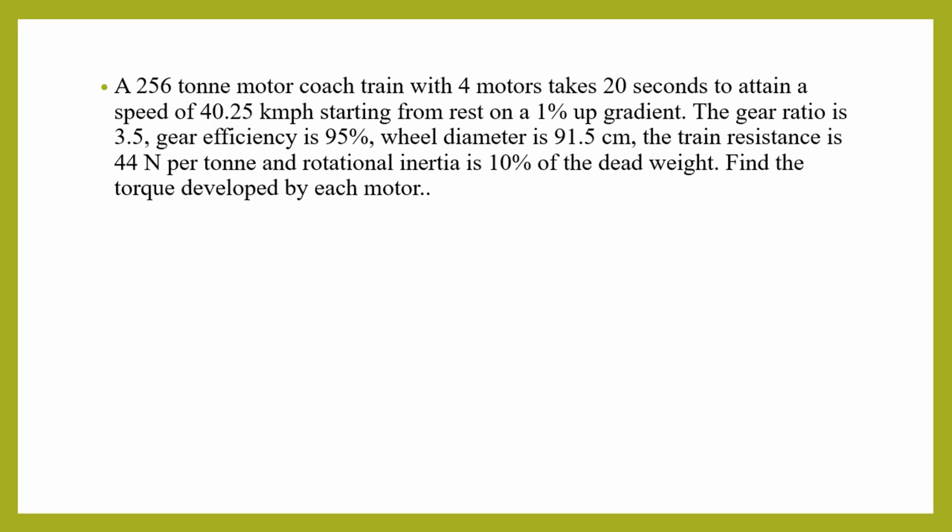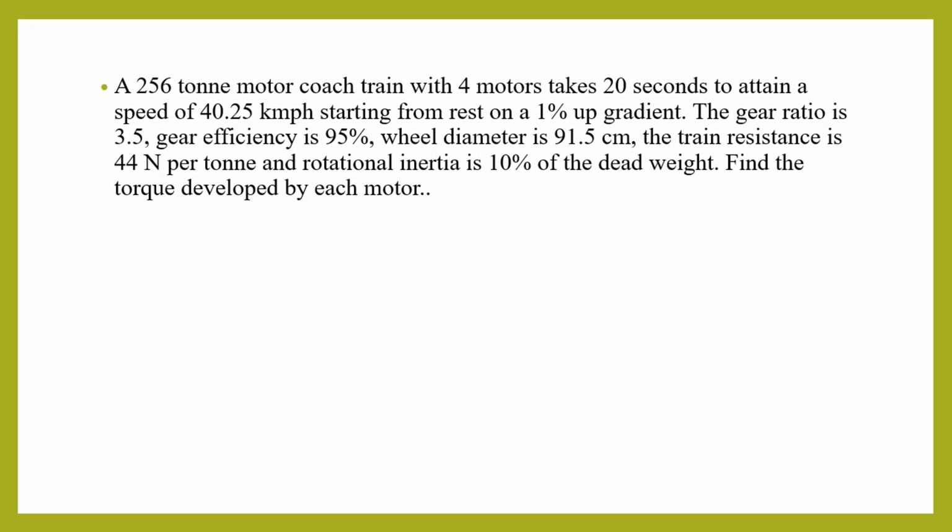The gear ratio is 3.5, gear efficiency is 95%, wheel diameter is 91.5 cm, train resistance is 44 Newton per ton, and rotational inertia is 10% of the dead weight. Find the torque developed by each motor.